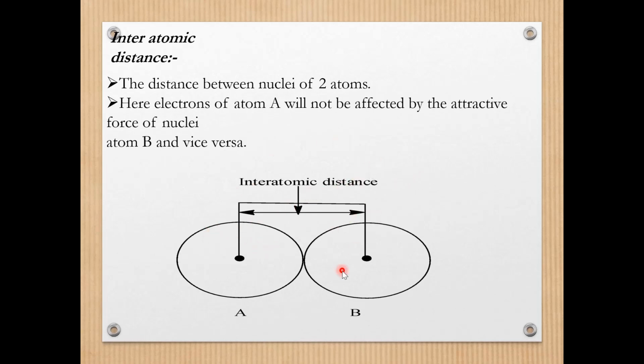If the distance is greater than 5 to 7 angstroms, then the electrons of atom A will not be affected by the attractive force of the nucleus of atom B, and vice versa.